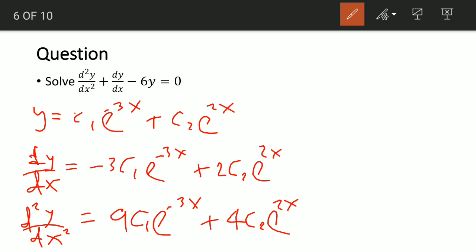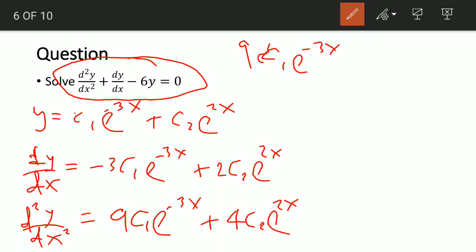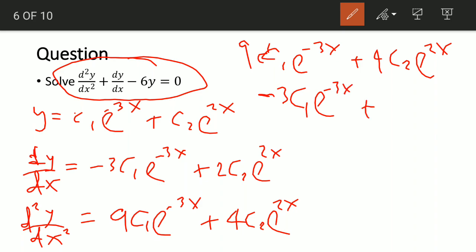So if we substitute this in the equation, d squared y over dx squared is 9c1 exponential minus 3x, then plus 4c2 exponential 2x. Then plus dy dx, that is minus 3c1 exponential minus 3x, plus 2c2 exponential 2x.